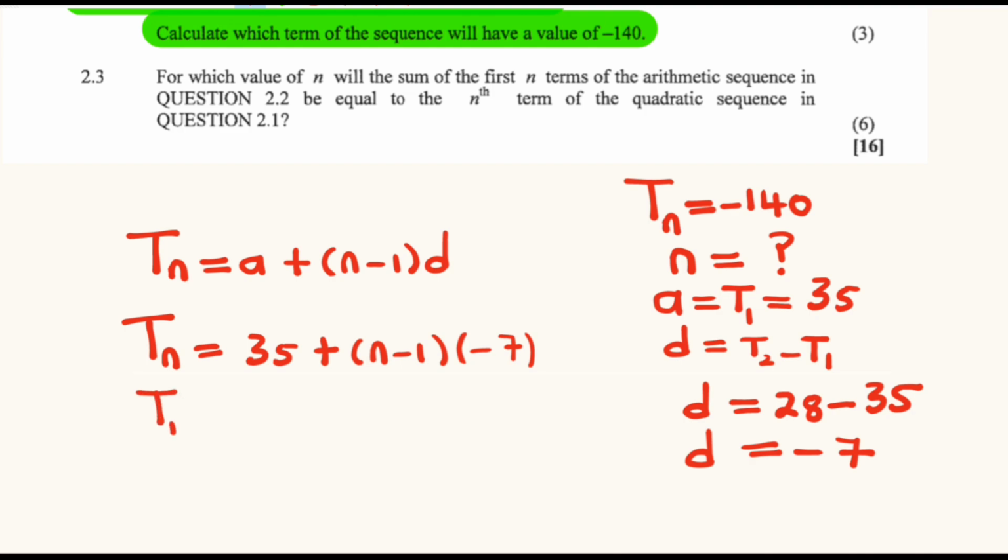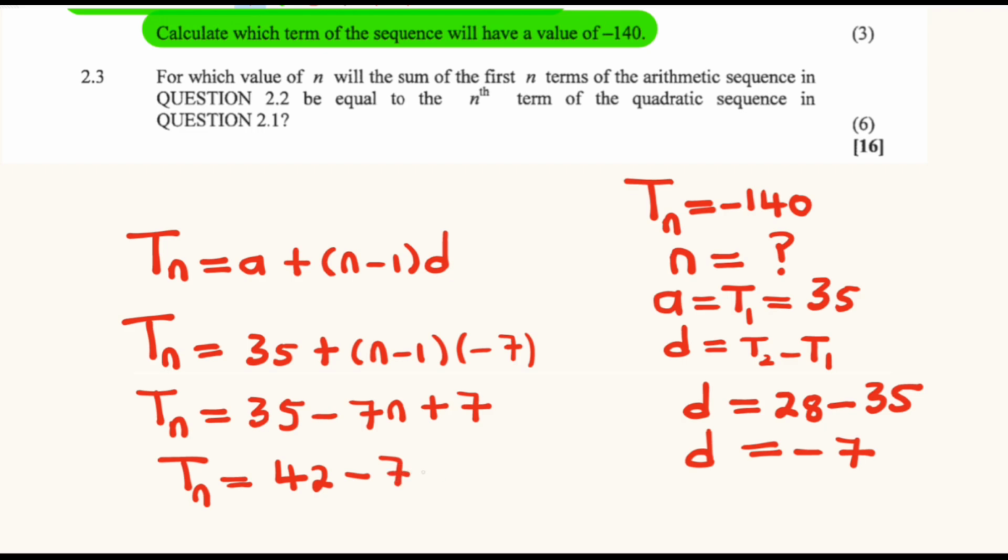We distribute the negative 7, and negative 7 multiplied by n will be equal to negative 7n, and negative 7 multiplied by negative 1 will be equal to positive 7. Our Tn will be equal to the 35 plus the 7, which is 42 minus 7n.